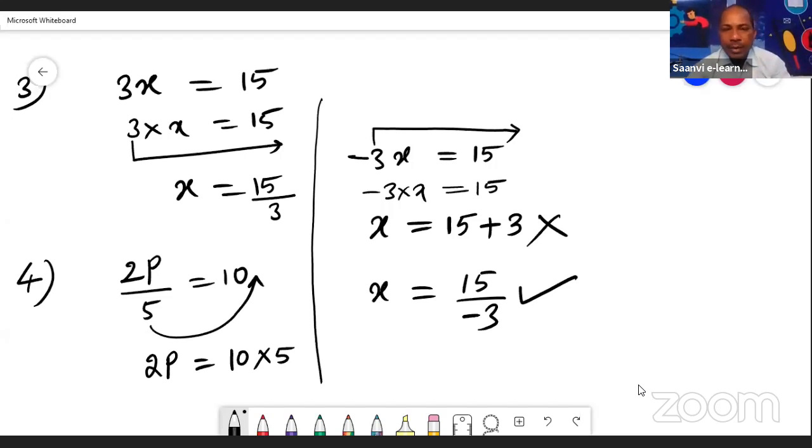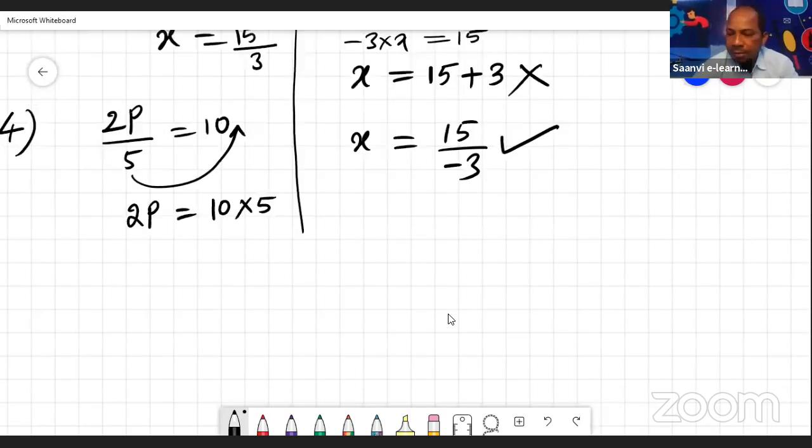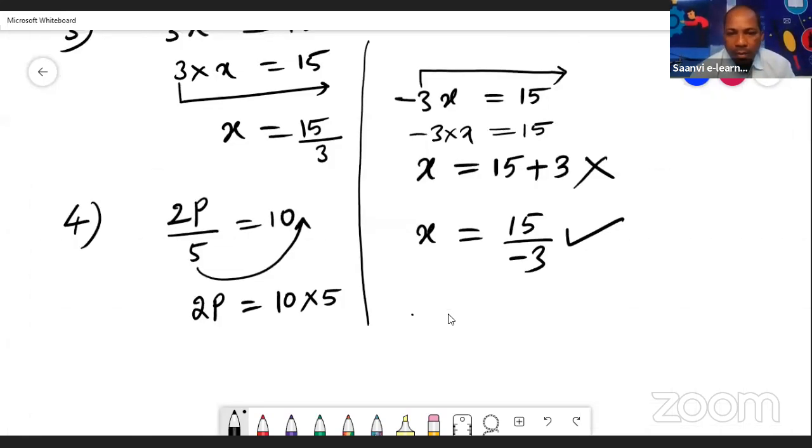Let us see when minus 3 becomes plus 3. If the equation is given like this, minus 3 plus x is equal to 15, and this minus 3 is sent this side, in this case it becomes plus 3. Why?